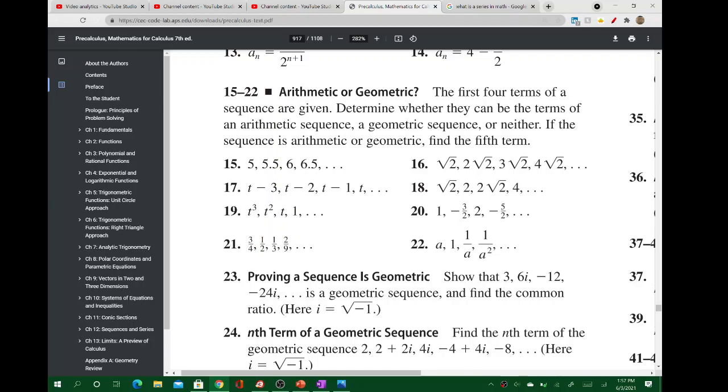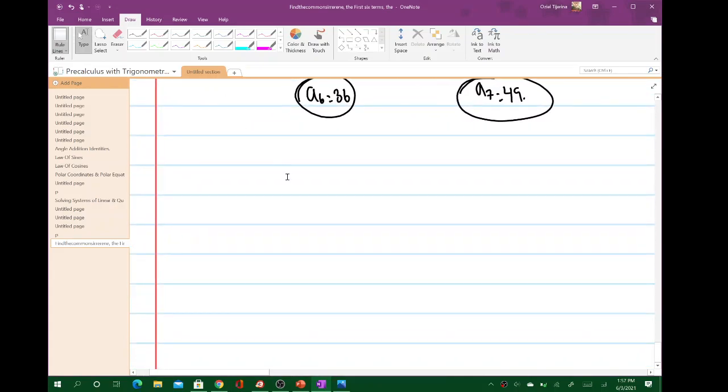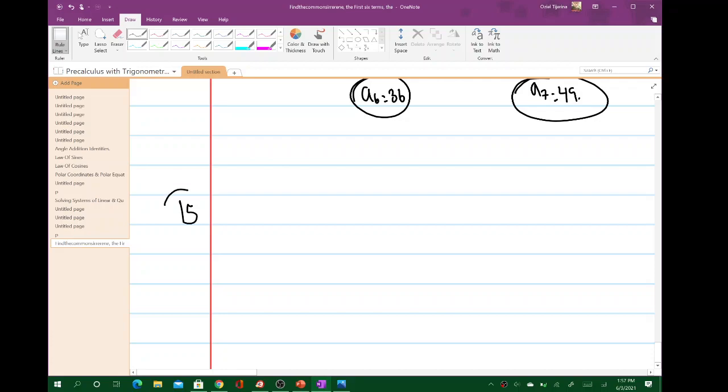Now this part, let's do number 15, okay? Number 15 says the following. This is 5, 5.5, 6, 6.5, dot, dot, dot.